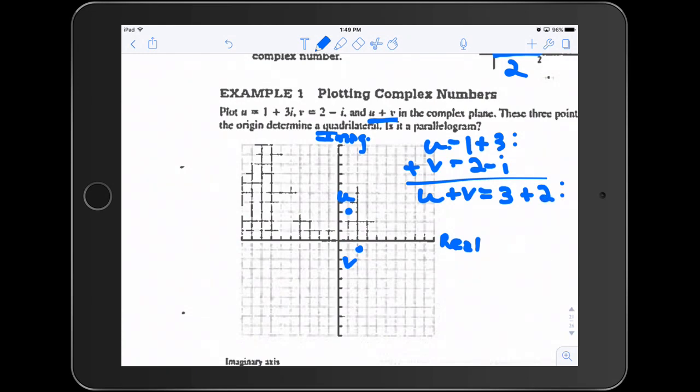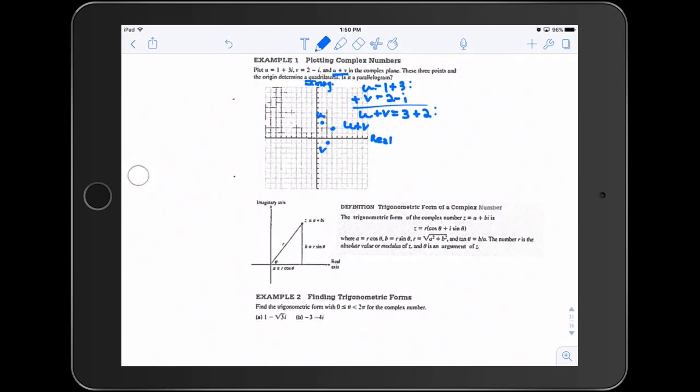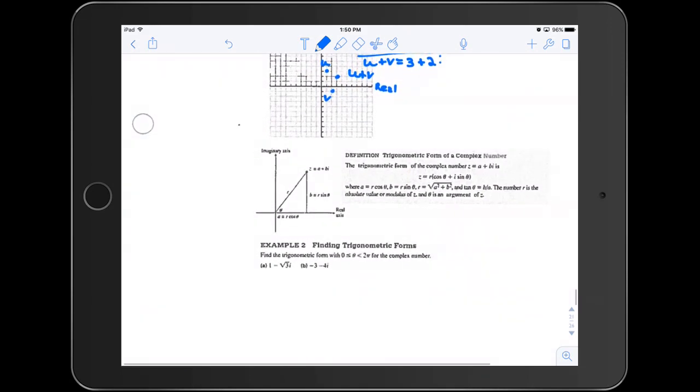So I'm going to plot 1, 2, 3, up to, and this right here is the sum. Pretty straightforward, right? Not too difficult. So that's just kind of plotting complex numbers and showing that you can do some addition of numbers on the complex number plane.